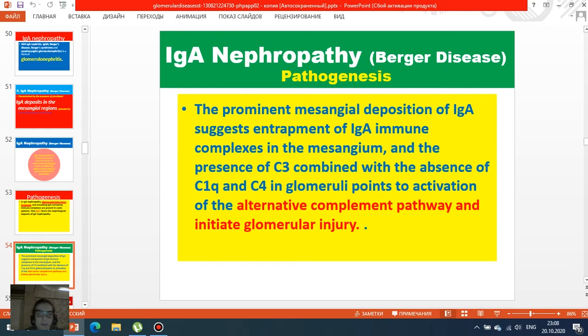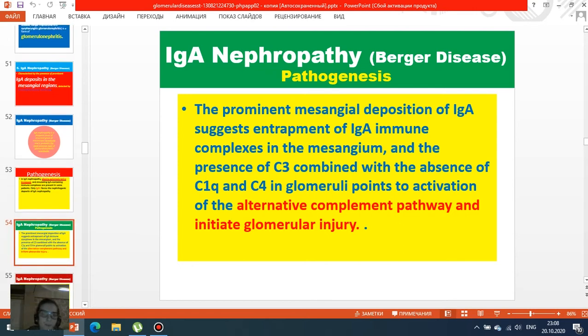The prominent mesangial deposition of IgA suggests entrapment of IgA immune complex in the mesangium, and the presence of complement C3 combined with the absence of complement C1q and C4 in glomeruli points to activation of the alternative complement pathway and innate glomerular injury.